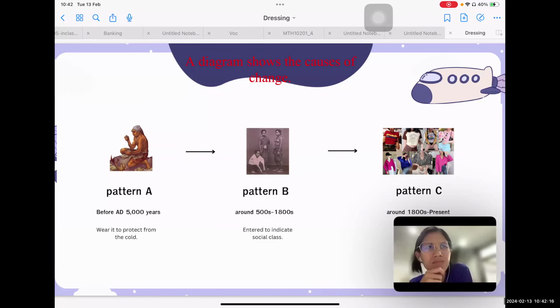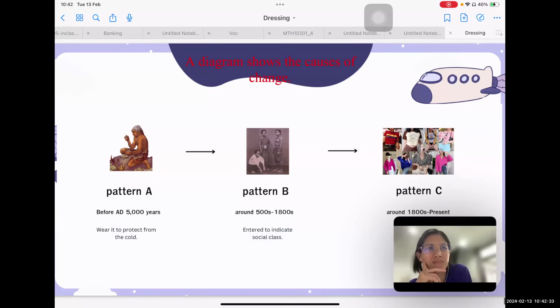In some countries, laws were drafted to prevent the lower class from wearing the same clothes as the upper class. At this time, people wore clothes to indicate their class and status.